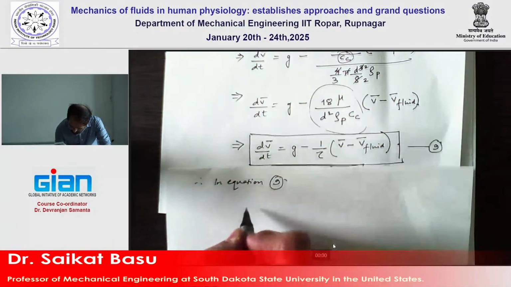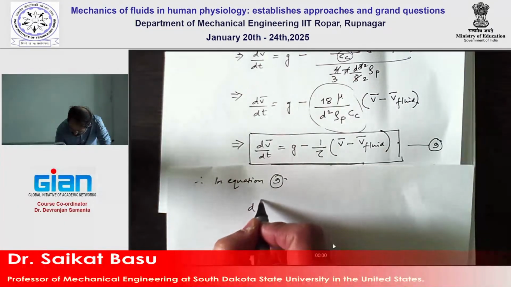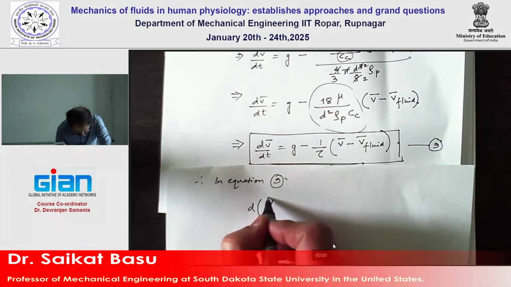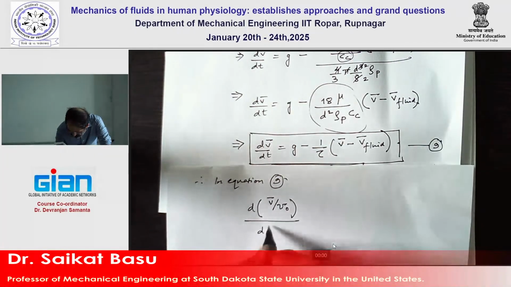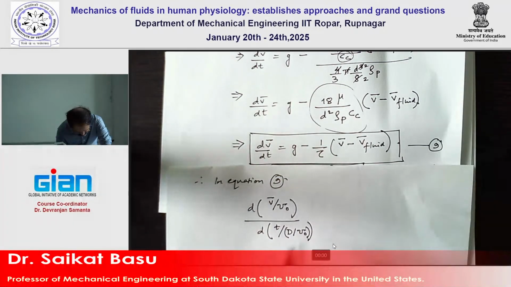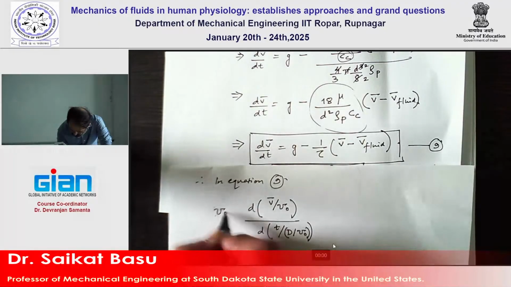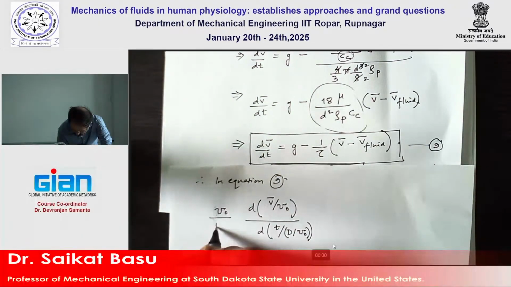So if we non-dimensionalize this, v divided by u naught, dt divided by d over u naught, and to adjust we put u naught for the other u naught here and d over u naught.